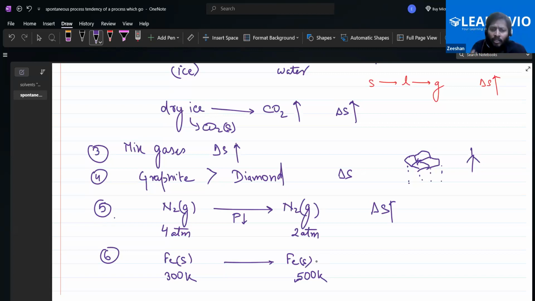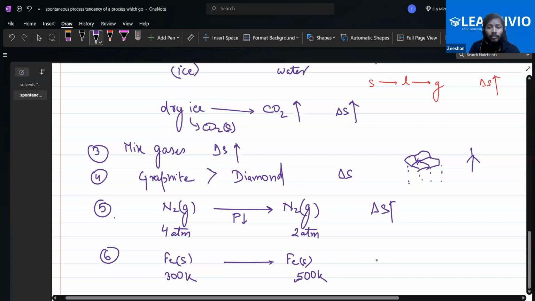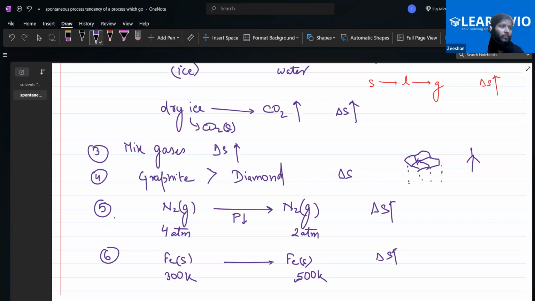Increases. Simple. As you increase temperature, the molecules get more energy, so they start vibrating and moving here and there, so randomness will increase, so entropy will increase. Simple. Everybody got the point? Yes, sir. Good.